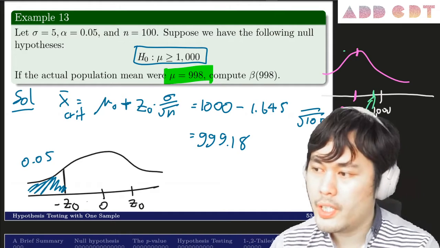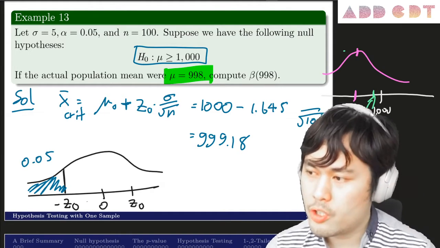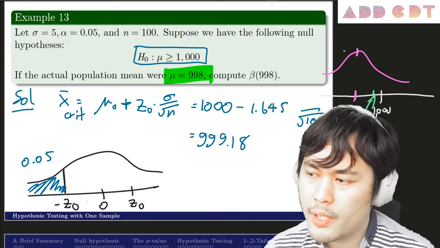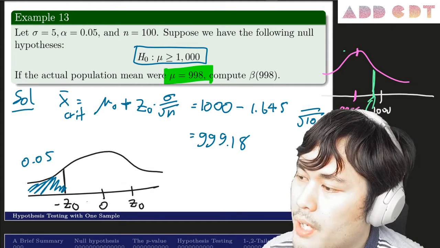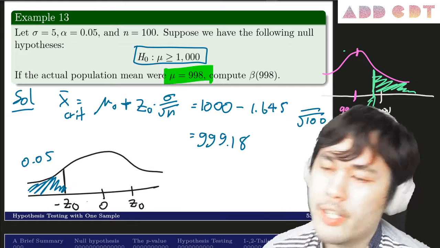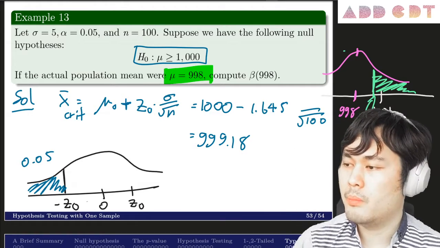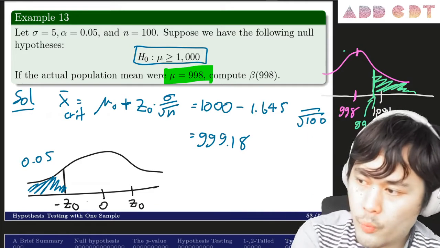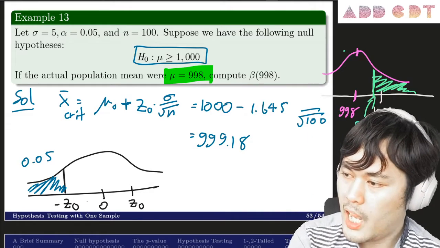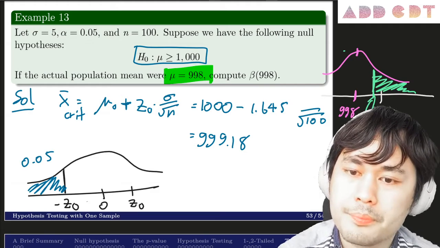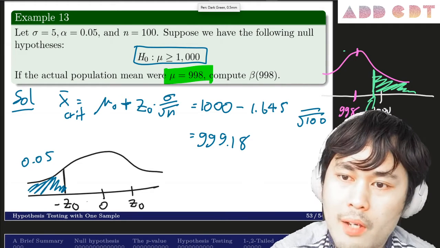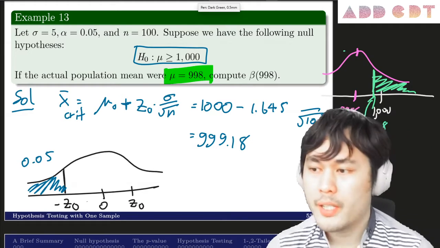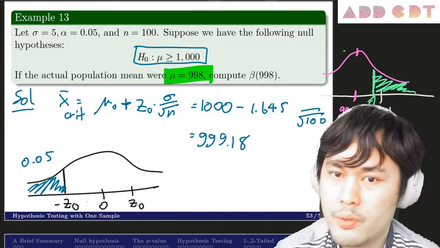In this scenario, in this world, when the actual population mean is 998, we are asking for that area, because that area corresponds to the case when, in the original world, we accept the false hypothesis. Okay. So now that reduces to the problem of just finding the areas, which we can do.